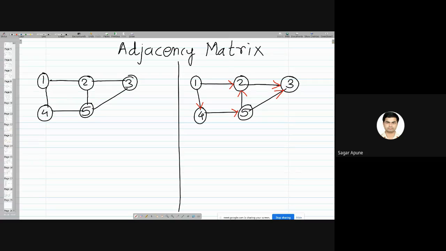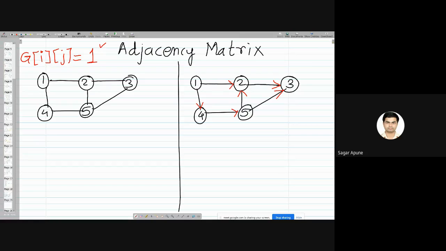Okay, there is one rule. Suppose I call the first vertex I, and the second vertex J. If there is an edge, I put the value 1 for that. It means the I node is connected to the J node, so I set the value for this edge to 1.